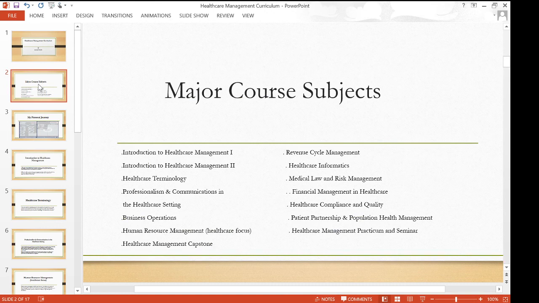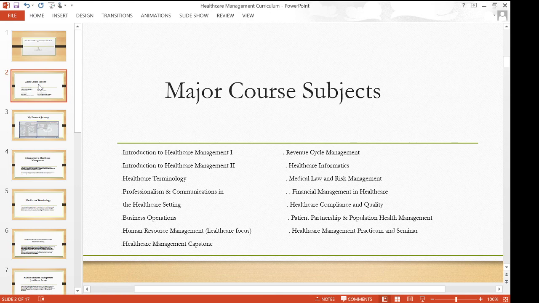So these are the major subjects that you will be taking in the Bachelor of Science in Healthcare Management degree program.